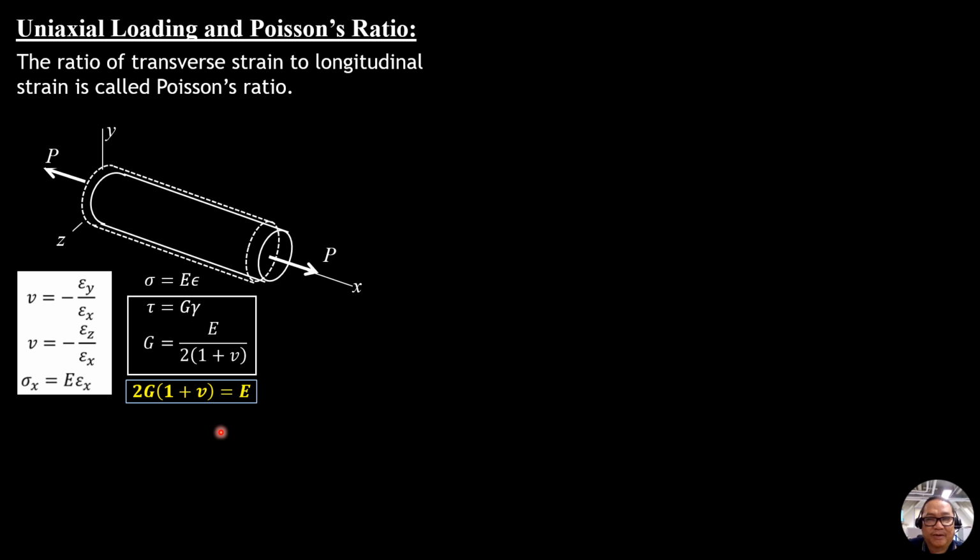So what are the expressions, formulas that we can develop when we have uniaxial loading? For uniaxial loading, the formulas would be strain along y equals negative Poisson's ratio times strain along x, and strain along z is the same.